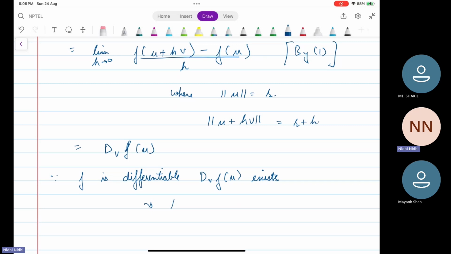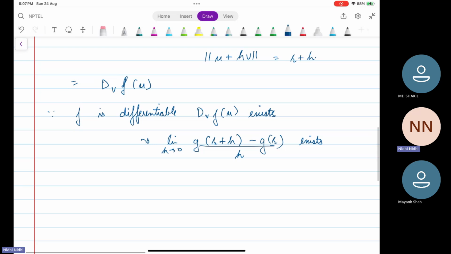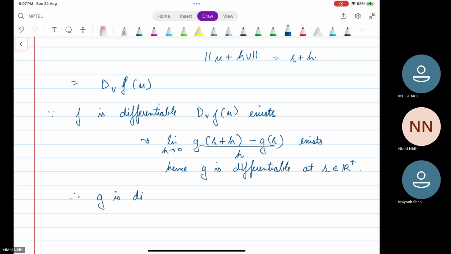This implies the limit h tending to 0, (g(r plus h) minus g(r)) by h exists, and hence this function g is differentiable at r. Therefore, our function g is differentiable because we have taken arbitrary r in r plus.